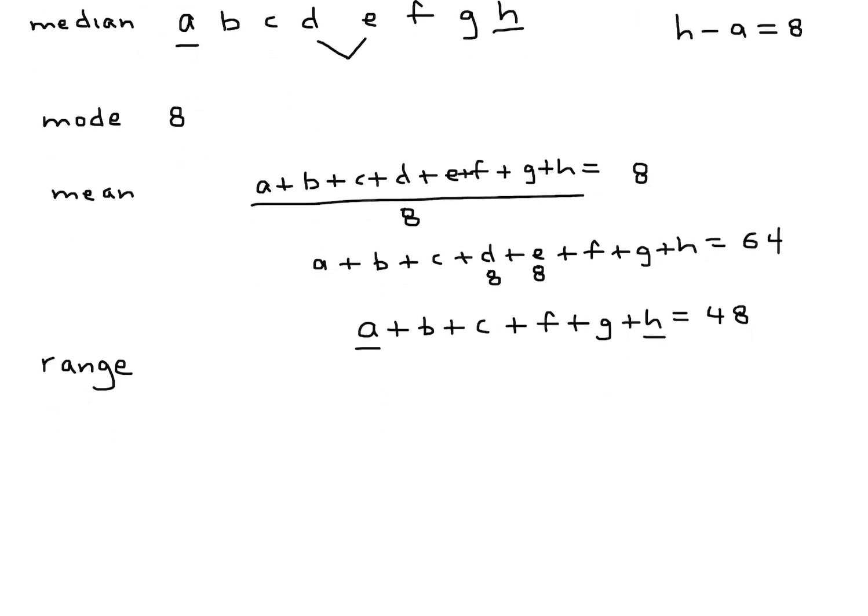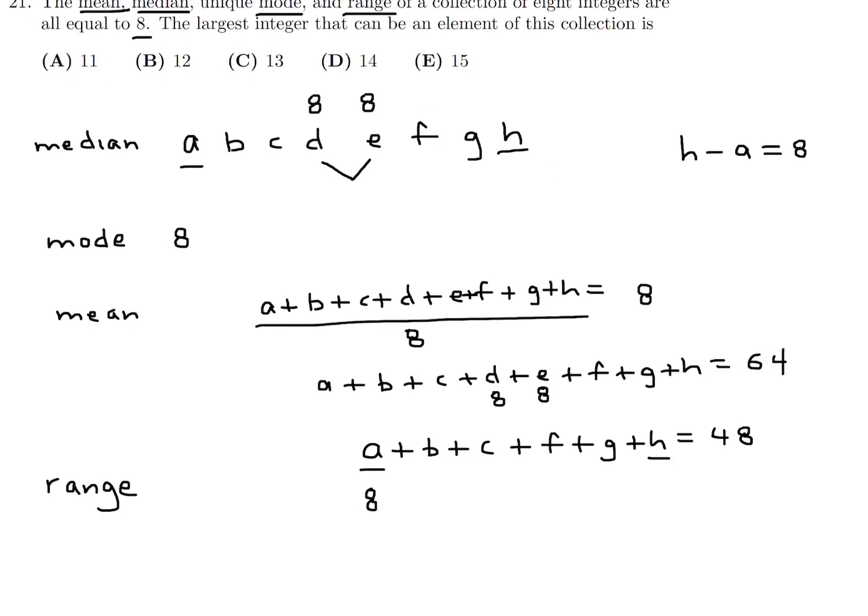So if we have, let's say, 8 for A. Remember, we can't go higher than 8, because if we go higher than 8 for A, then this is no longer going to be the median. Like if we make A equal to 9, then D and E are no longer the median, right? 9 is now going to mess all this up. So the highest we can go for A is 8.